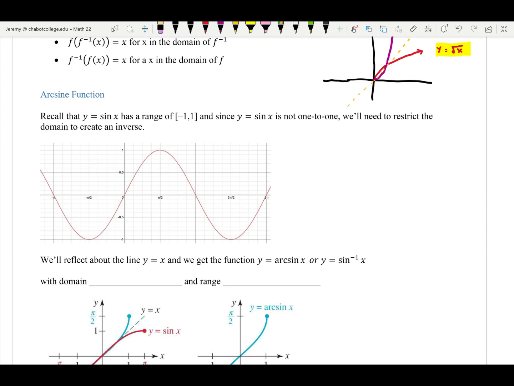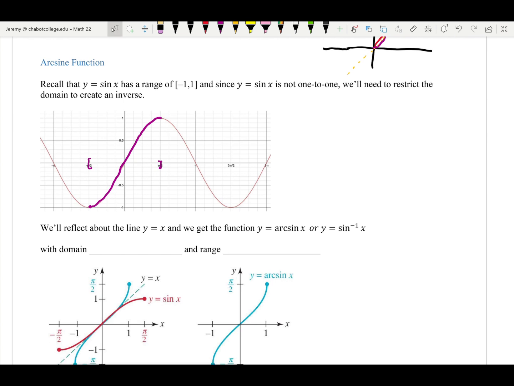So if we restricted the domain, in this case, between -pi/2 and pi/2, this might be a good choice because we're going to include that entire range from -1 to +1. And we're not going to violate this being a 1-to-1 function. If I go any farther, notice that then it's not going to pass the horizontal line test. So I don't want to go any farther than just that little section right there.